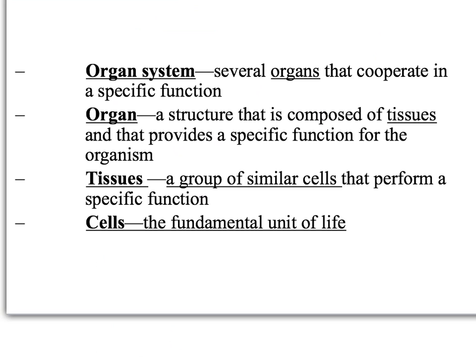And then we could look at an organ, that specific structure, like for instance a heart, and how it's composed of tissues, multiple types of tissues that provide a specific function for the organism. Then if we were to go even smaller, the tissue would break down to a group of similar cells that perform a specific function, and then even smaller is the cell, which is our basic fundamental unit of life.